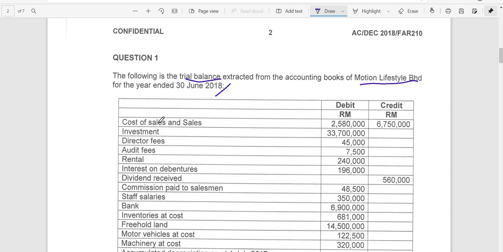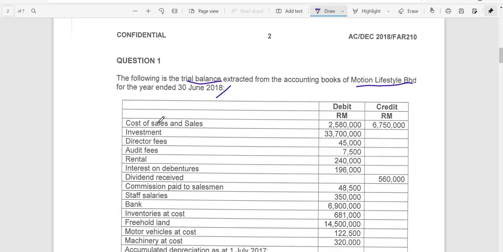After we have looked at the requirement, we have to go and classify these items given into expenses, income, asset, liabilities, and equity. These are expenses, these are assets but non-current asset. Directors fees expenses, audit fees expenses, rental if it has a debit balance, that was expenses, interest expenses, dividend received, so that is income.